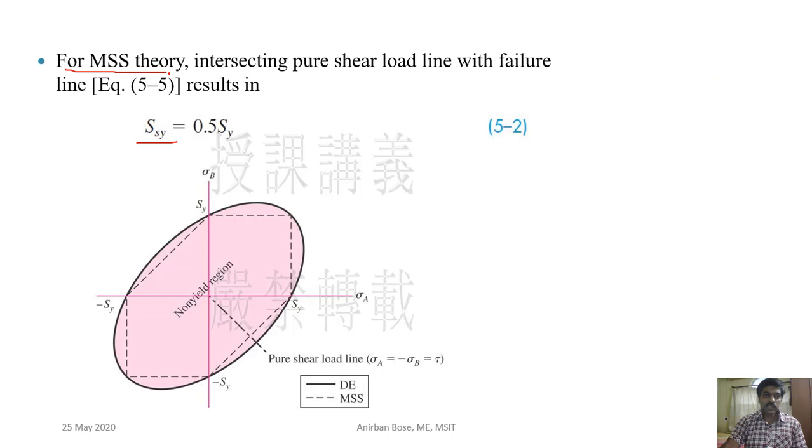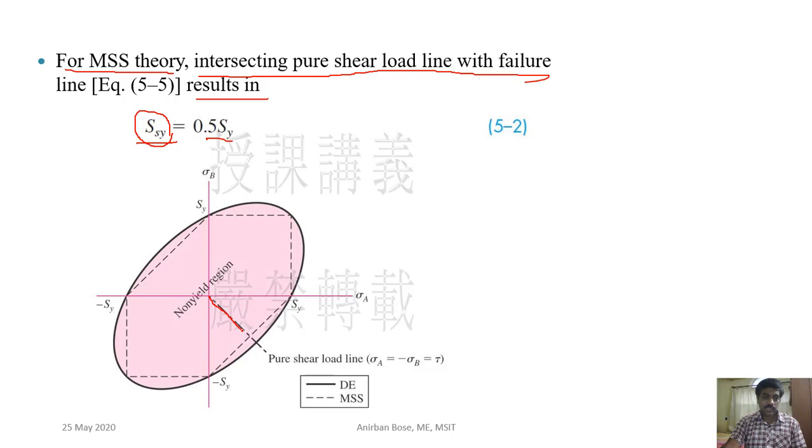For the maximum shear stress theory, intersecting the pure shear load line with the failure line gives the shear strength corresponding to yield, equal to 0.5 Sy. This is the pure shear line.